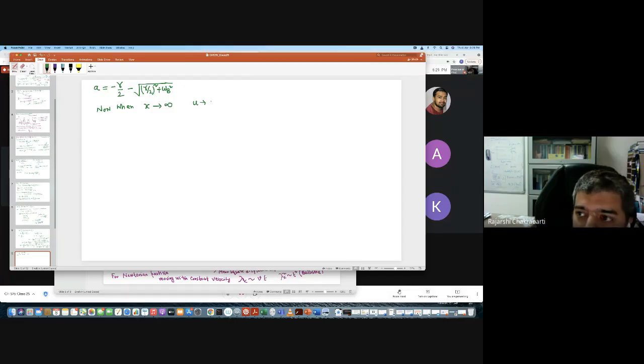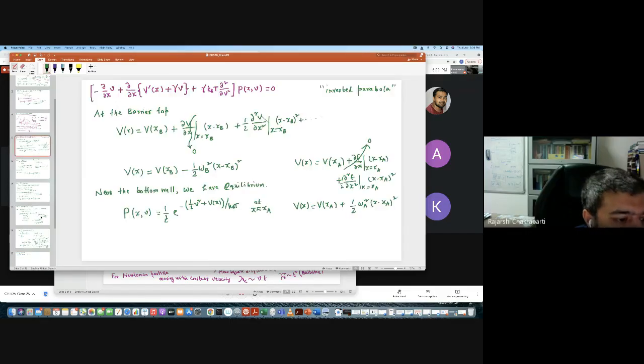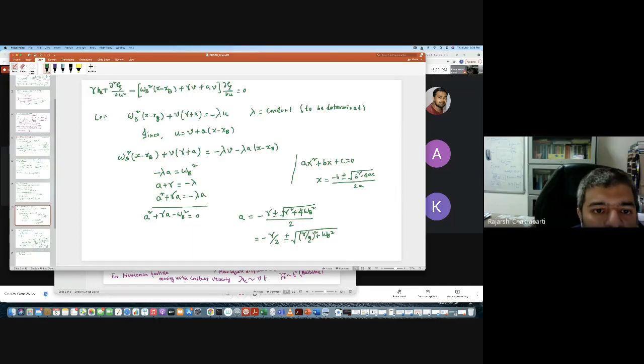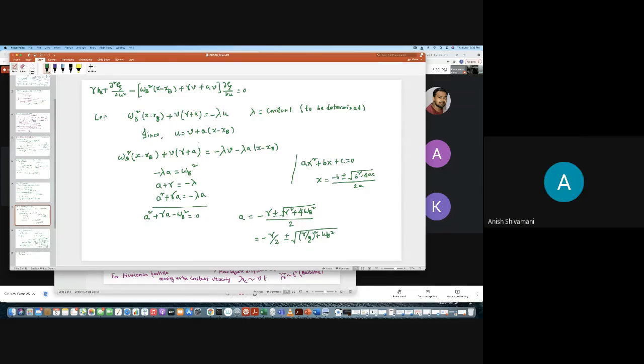So u is minus x times something plus v. So it should go to the other direction, isn't it? Go and check. Okay, it is maybe here. Yes. So if x goes to infinity, then u also goes to infinity. Yes.